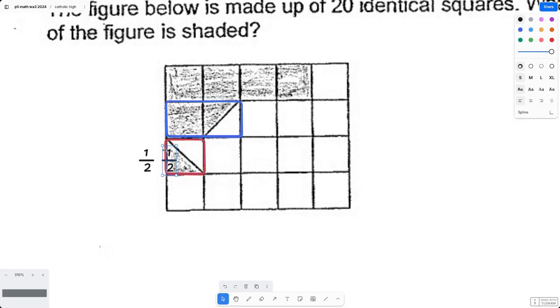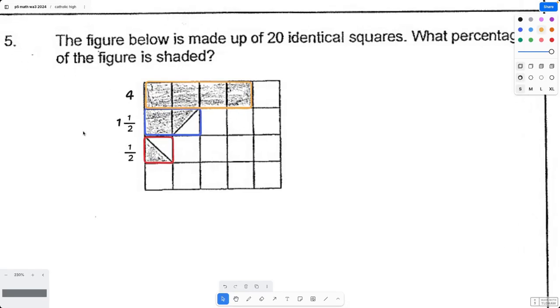So this one will be, you guessed it, also half, it's 1.5. And then lastly we'll go to the last one, which is this. Let me put a different color, yellow. And this is how many squares? 4, right? So it's just 4. So that means we just add them all up.